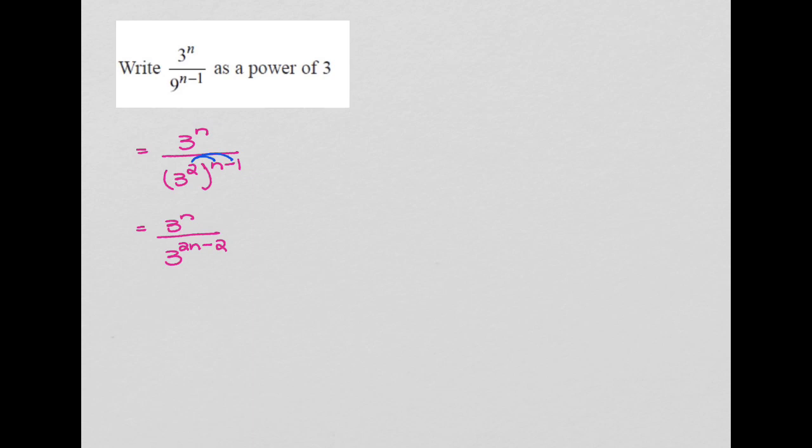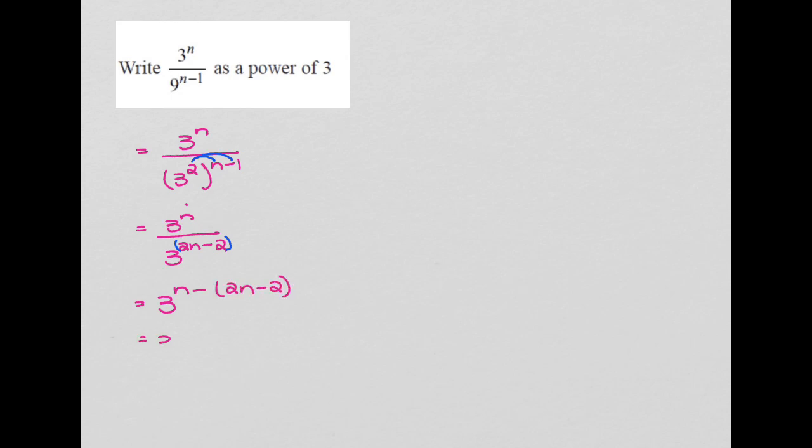Now, do you remember in a previous question, I said put a bracket around it, because when you have a minus, things change. Same thing's going to happen here. I've got the same base. So if I've got the same base, and you're dividing, you subtract the powers. So I'm saying 3 to the power of n, take away the 2n minus 2.